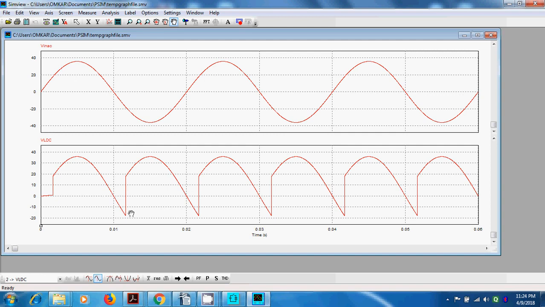Okay, and this is the reason why your output voltage will be less, because this will be negative voltage actually. So this is basically the inversion mode.